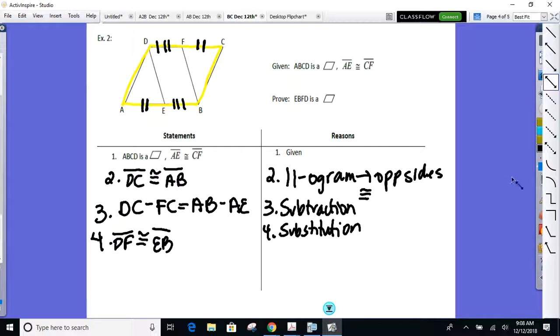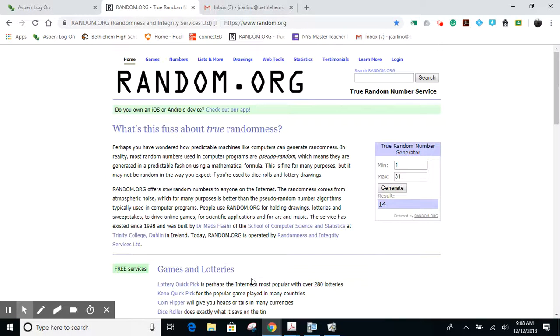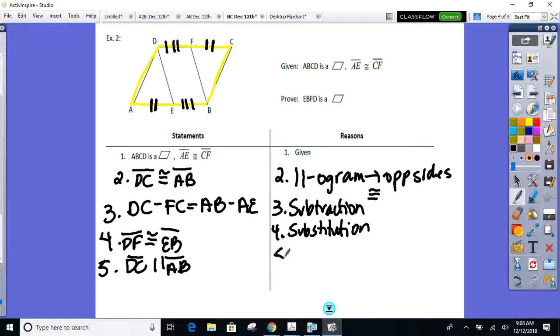All right, so the first thing you need to tell me is the originals were parallel. So I need to show you DC parallel to AB. And let me hear from somebody, why is that fact true? Now, how do I want to show that the pieces of those lines are parallel?